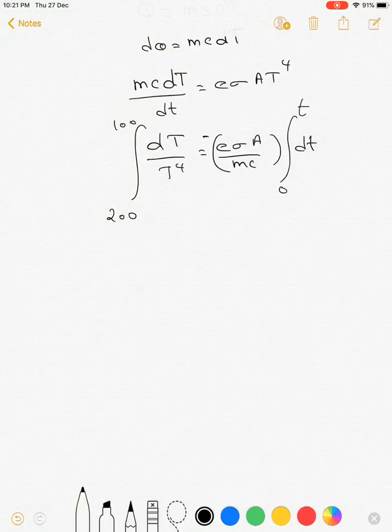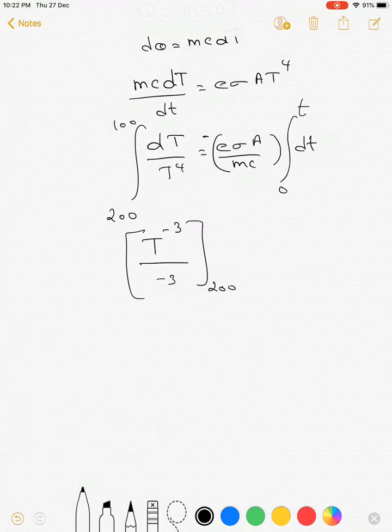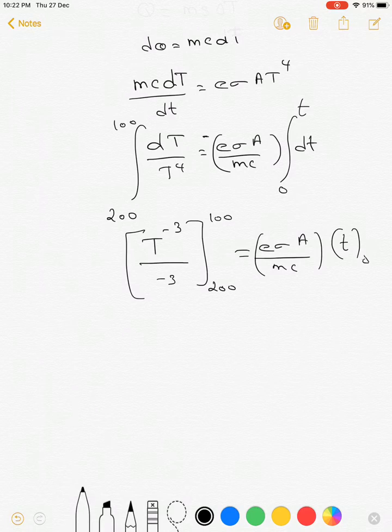Integrating, T raised to minus 4 plus 1, that is T raised to minus 3 divided by minus 3, with the limit changing from 200 to 100, is equal to E sigma A divided by m c into the integration of dt from 0 to t.